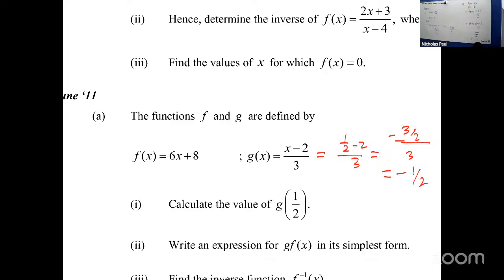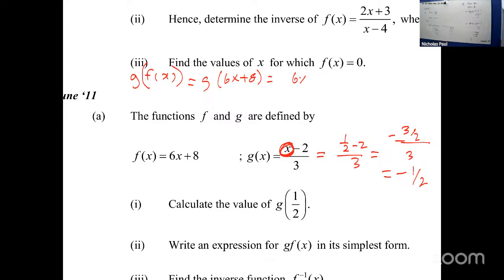Minus a half. Next part, g of f of x. So the bracket goes around f of x. What is f of x? F of x is 6x plus 8. Now, I'm going to take 6x plus 8 and replace this x here.